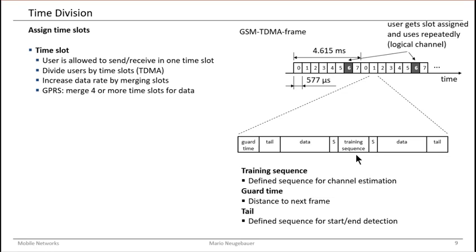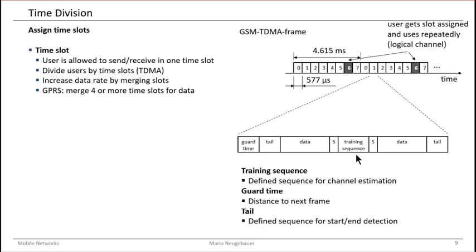That means, for example, that during a call from a mobile station into the network, the mobile station might get the 6th time slot, the 6th burst assigned, and then it repeats using the 6th time slot during the entire duration of the call.